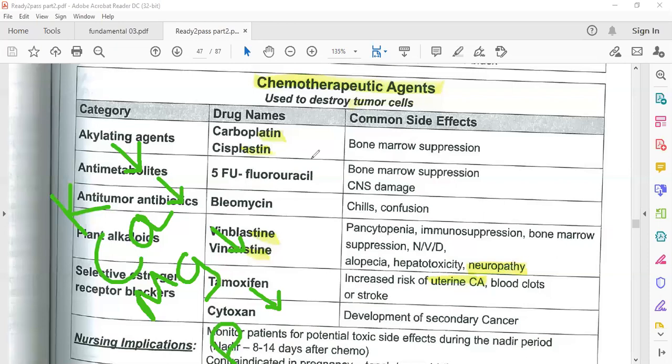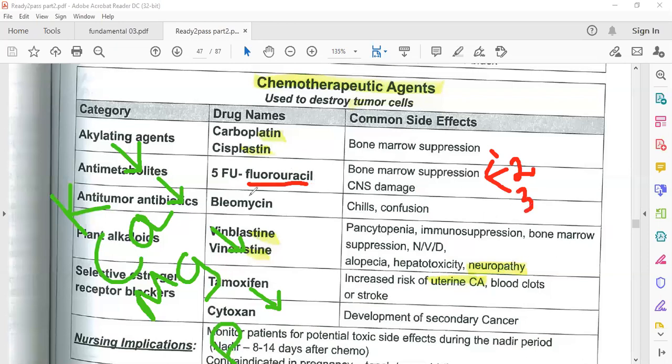Another medication we use is called fluorouracil. Fluorouracil also can cause bone marrow suppression. And as I told you, when bone marrow suppression occurs, there are 3 problems. One is red blood cells go down, second white blood cells go down, and third platelets go down, right?